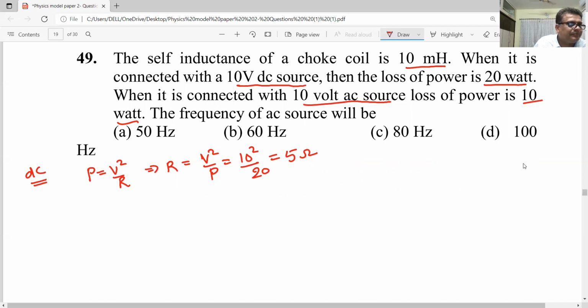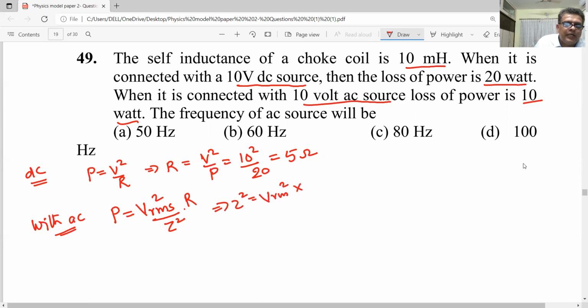What about AC? With AC, I want to know the value of Z, which is nothing but the impedance. The general formula: P is equal to V RMS square divided by Z square into R. So Z square is equal to V RMS square into R divided by P. V RMS is 10 volt, so 10 square, into resistance 5 ohm, divided by power, which is 10.